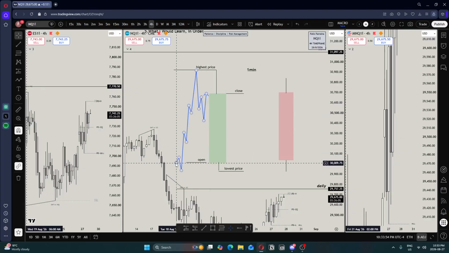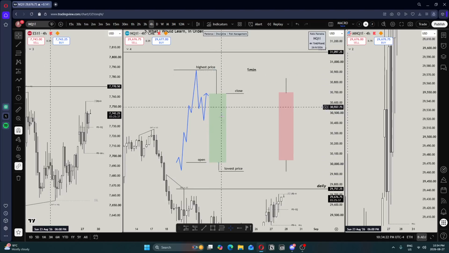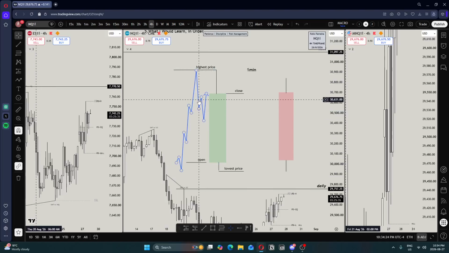Price opens here at the body. The lowest low that is put in is the low of this wick. Price trades up higher. The highest point in this 1 minute piece of price action is the top of this wick. Price comes back down within the range and closes here at this point at the end of the 60 seconds. And this is the closure of the candle. So this is an example of what price action could look like, and this is the candle that would be printed based off of this price.